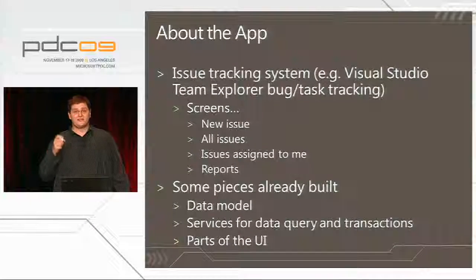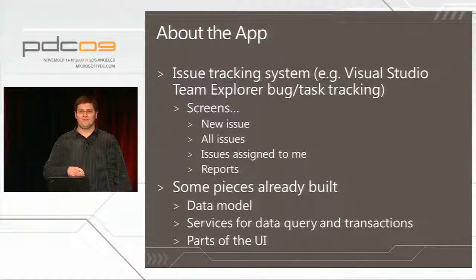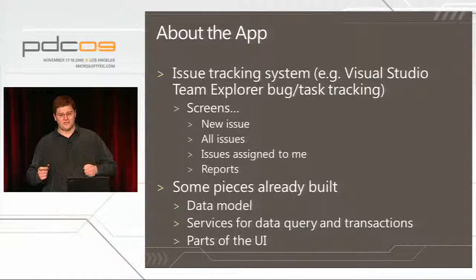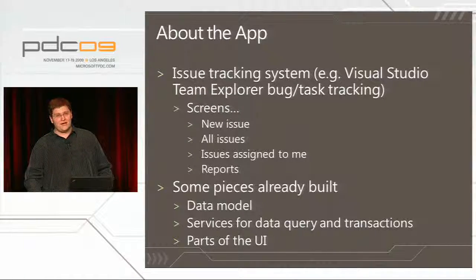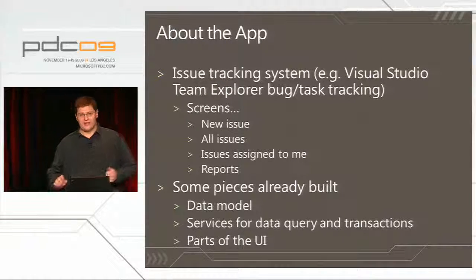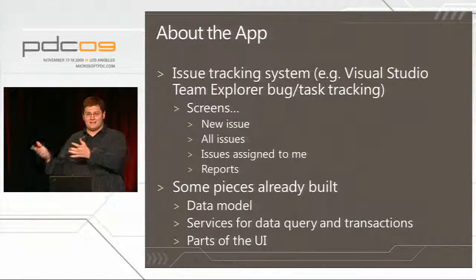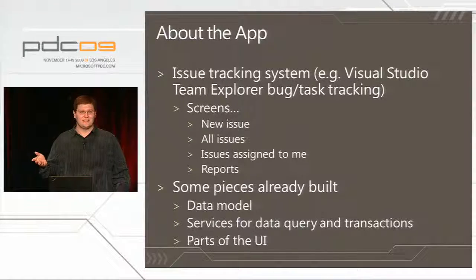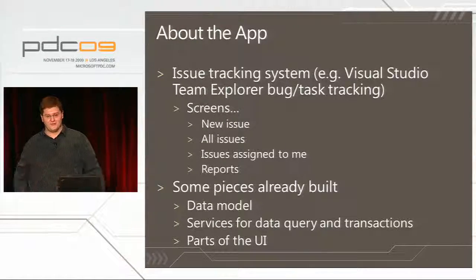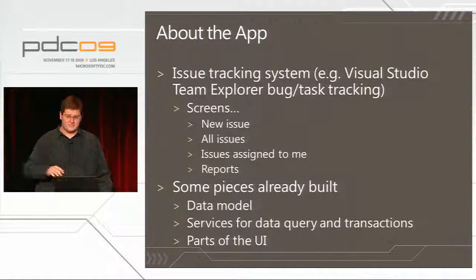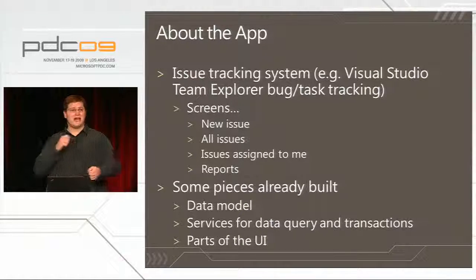Now, there are some pieces of the application that I've already gone ahead and built so that we can really get to the new features in Silverlight 4. I've built out the data model for the application. For that, I used SQL Express and Link to SQL on the server end. I've also built out the services so that I can go and query the data, update the data.